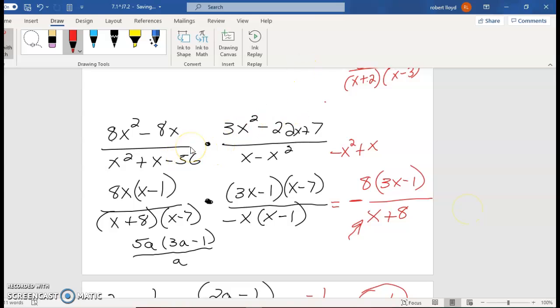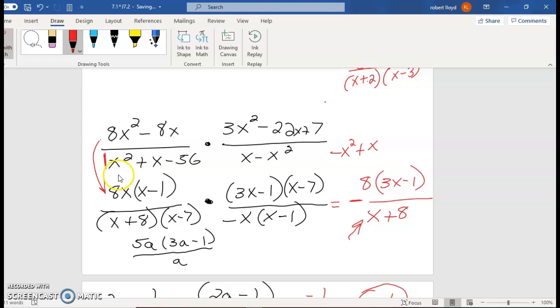We're going to have 8x squared minus 8x for this numerator. So we're going to factor that. We can take out an 8 out of each and an x out of each. So that factored is right here. Let's do the denominator.